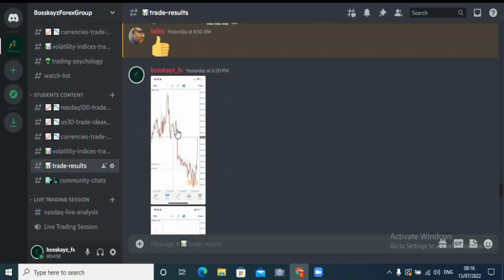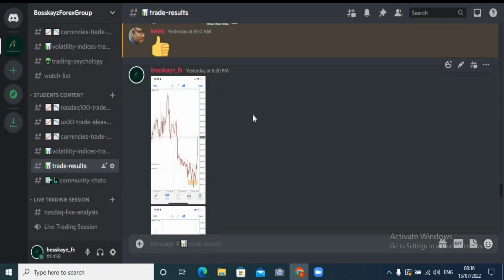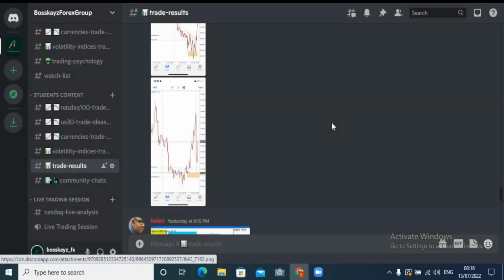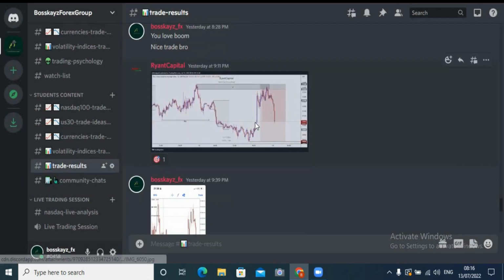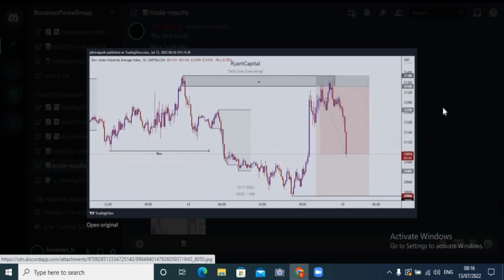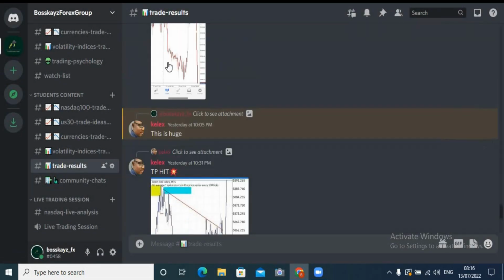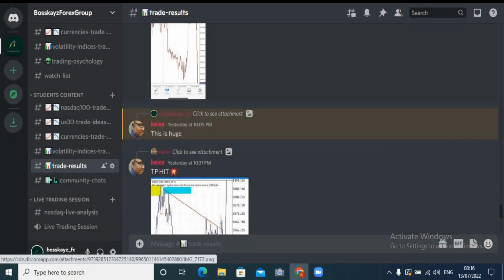So now this was our buy on US30 here, as you can see, and we managed to catch a buy on Nasdaq. Yeah, these are my students' results, as you can see right there, right? And this was our sell trade which we managed to catch, as you can see right there on US30.